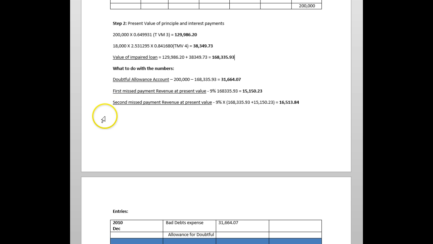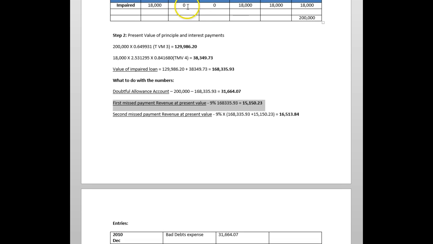Now you're going to start recording things. The first payment that you miss, which is this one right here, is 9% times the present value, which is $15,150. The second payment, you've got to take this, which is the present value of that payment, and add it to the present value of the year before. That will give you the present value of the loan at this point in time. And multiply that by 9%, and that's 16,000.